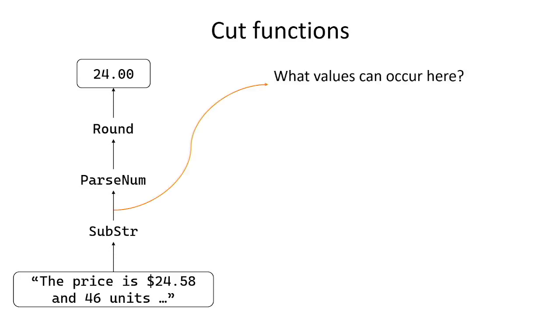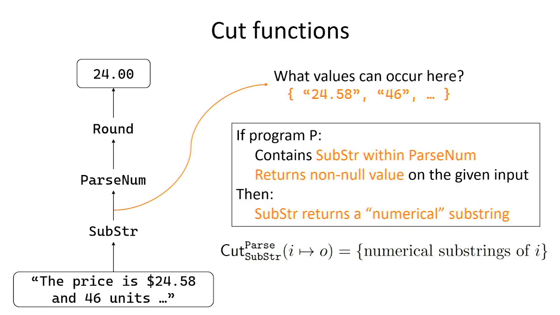If you look at what substrings can go through this whole pipeline, there are very few of them. There is 24.58, there is 46, and there are these tiny substrings, right? 2, 4, 4.5, and so on. These are significantly smaller. So this is the idea of a cut function.